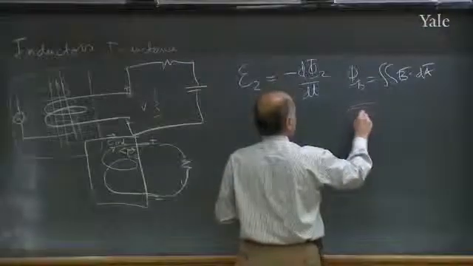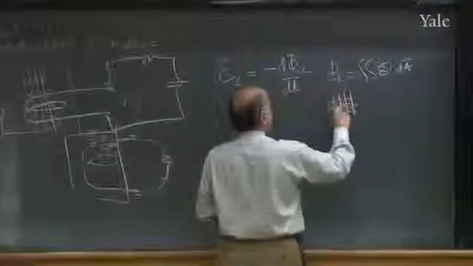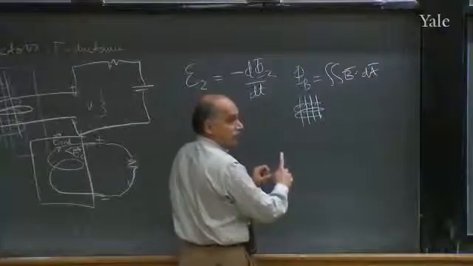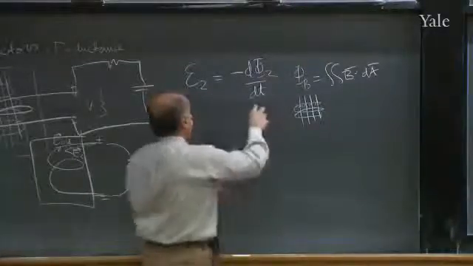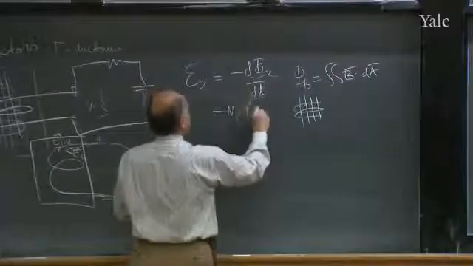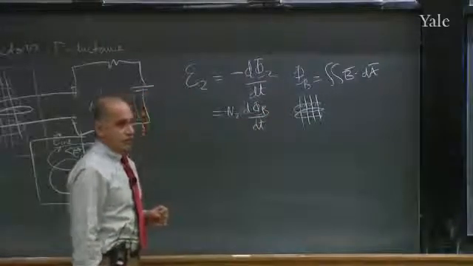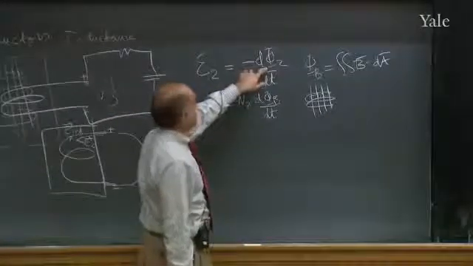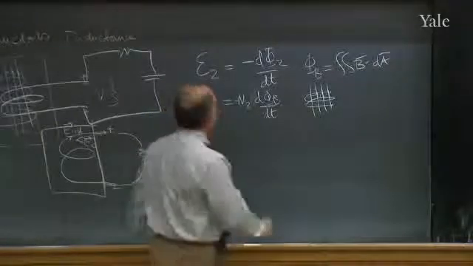But if you've got a coil made up of two loops, for example, and there's a magnetic flux going through them, then the EMF is not simply the rate of change of the flux through one of them, but you've got to double it because it's like two batteries in series. The EMF is running round and round and round. So really, this is N2 times the rate of change of the magnetic flux through that. So this phi is not simply the magnetic flux. It's the magnetic flux times the number of turns in the second coil. And that's what the real EMF is.